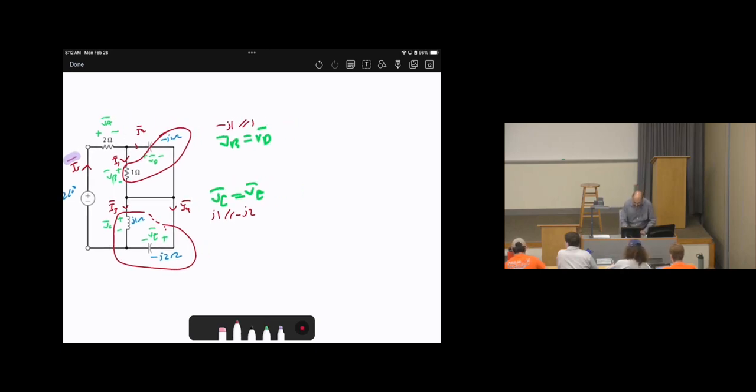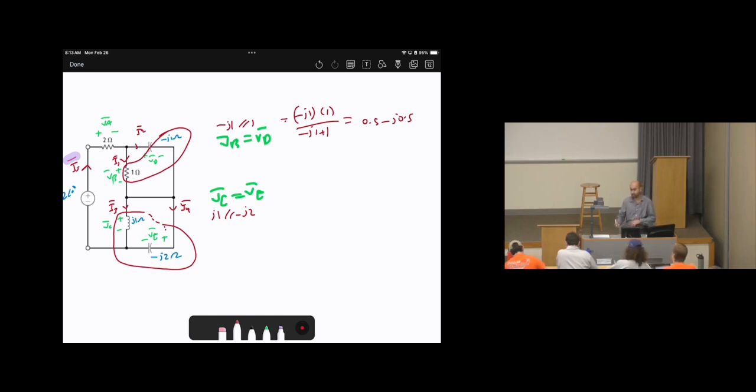So let's do the parallel. Basically, their multiplication over their sum. So this will be negative j1 times 1 over negative j1 plus 1. Keep in mind, negative j1 and 1 cannot be combined with each other because each one is in a different coordinate, so the answer will be 0.5 minus j0.5. You need to learn how to put this in the calculator and find the answer in less than 30 seconds.